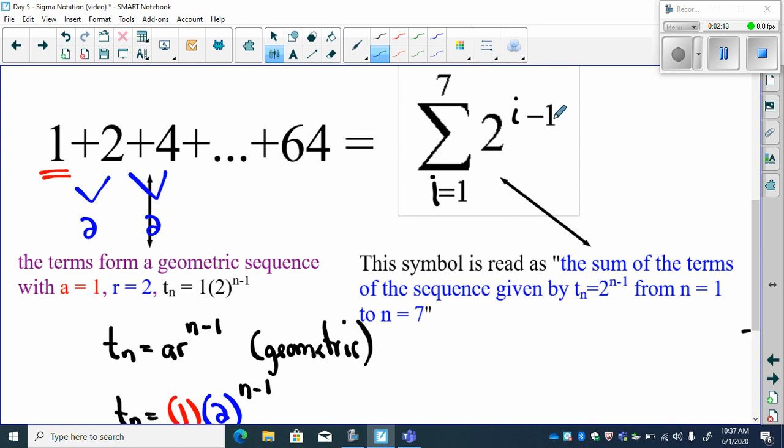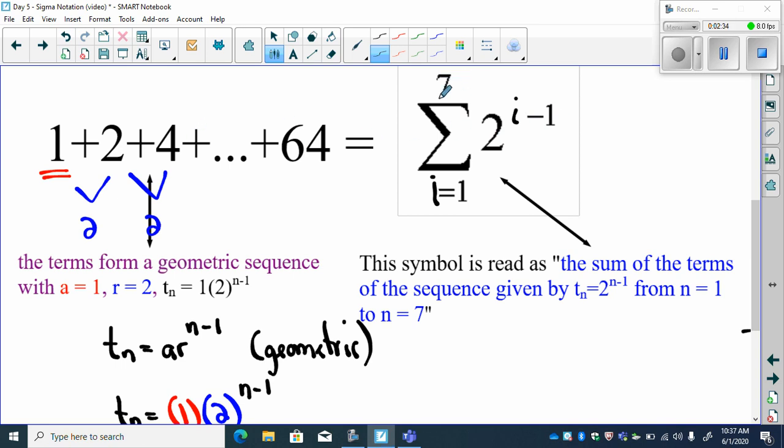So that means if I put a 1 in here, 1 minus 1 gives me 0, 2 to the 0, the first term would be a 1. If I put a 2 in, 2 minus 1 is 1, 2 to the first is 2. That's the second term. This is the third term, so put a 3 in for i. 3 minus 1 is 2, 2 squared is 4, and so on.